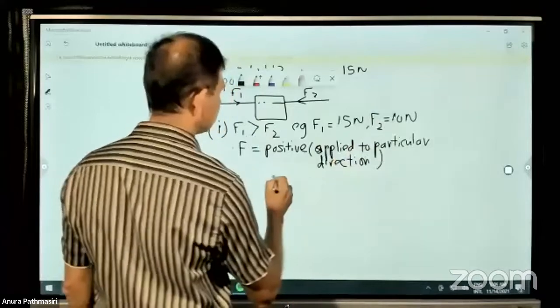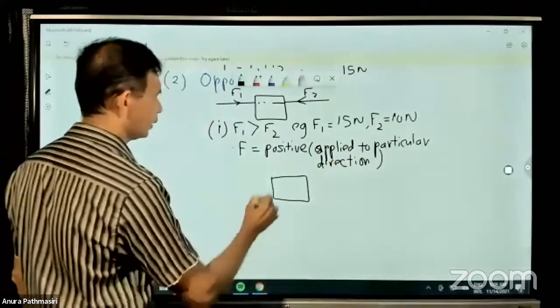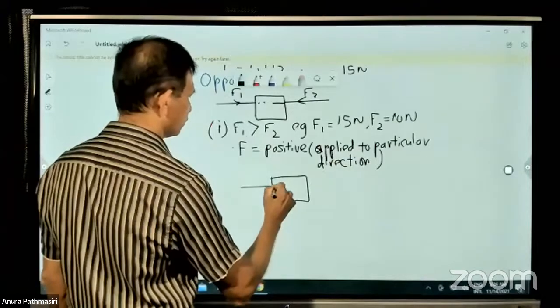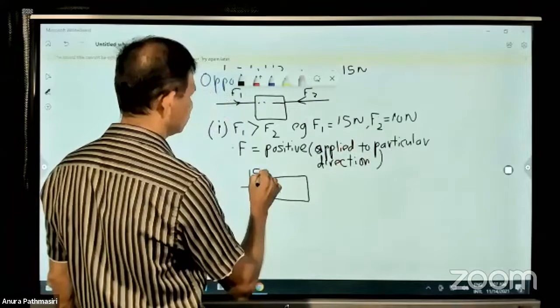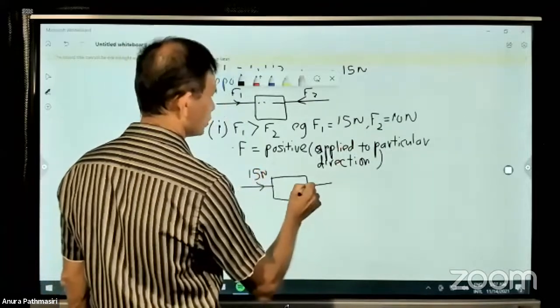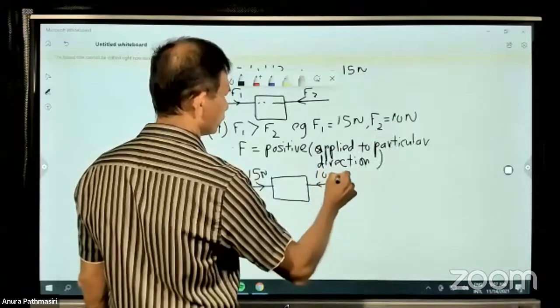In this occasion, the object has 15 Newton and oppositely applied 10 Newton.